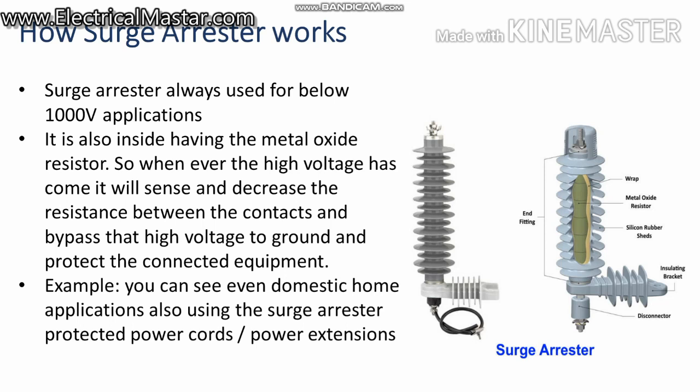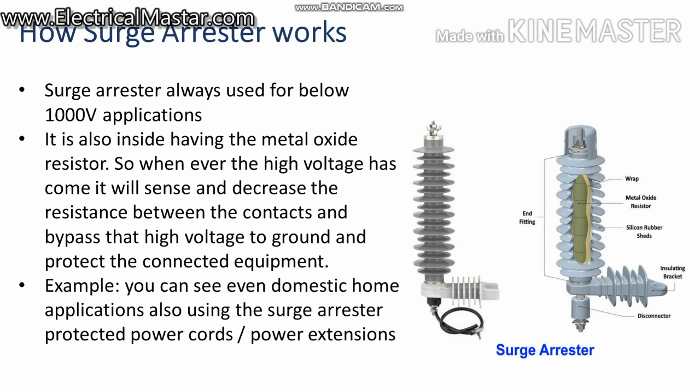At normal time, when the rated voltage comes, the varistor keeps a high resistance between the contacts, and whenever that high extra voltage comes, the varistor reduces its resistance value and keeps the surge arrestor in conduction. So it absorbs that extra voltage, connects it to the ground, and the rated voltage goes to the connected equipment.